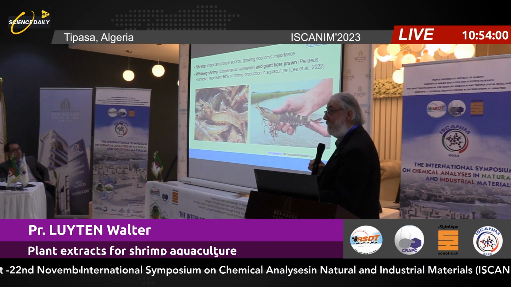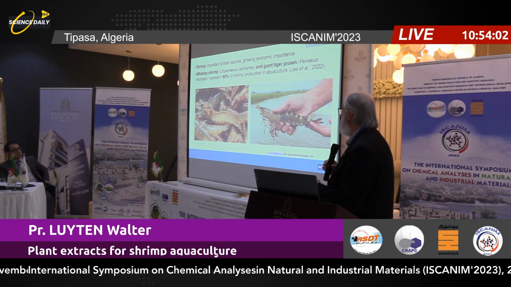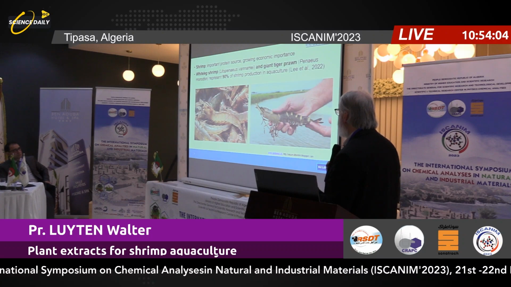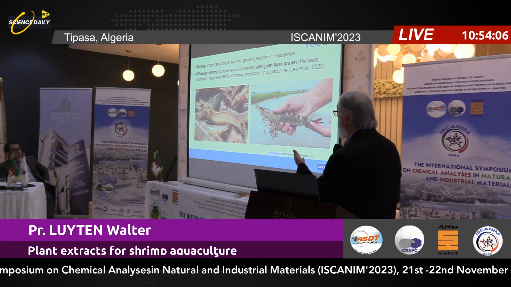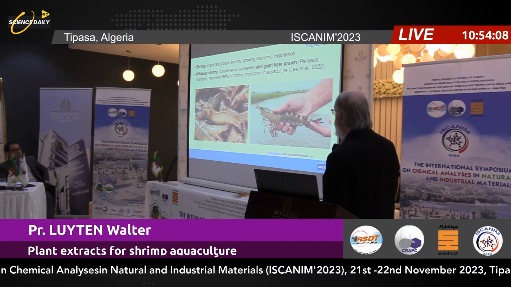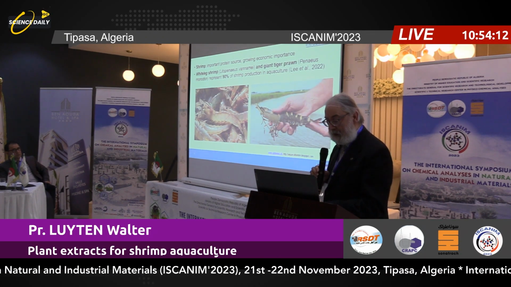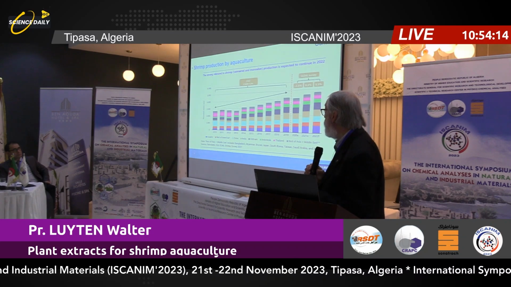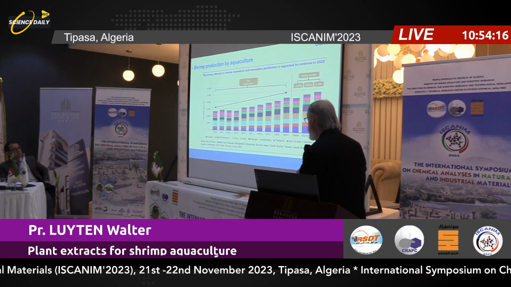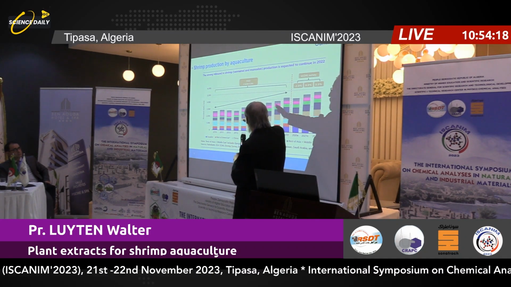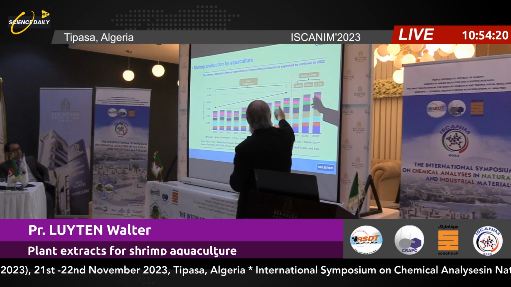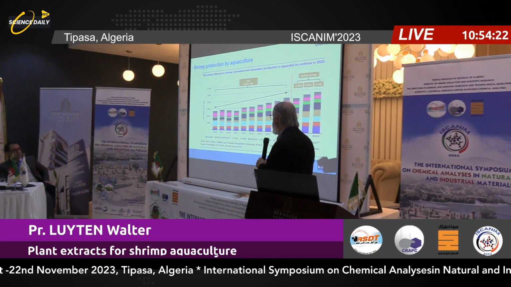And it is of growing economic importance. Most of the shrimp that are grown in aquaculture are either white leg shrimp or giant tiger prawns. They represent approximately 90% of the shrimp production. As you can see, over the years, shrimp production has increased, and it continues to increase. There's been a small dip due to COVID.